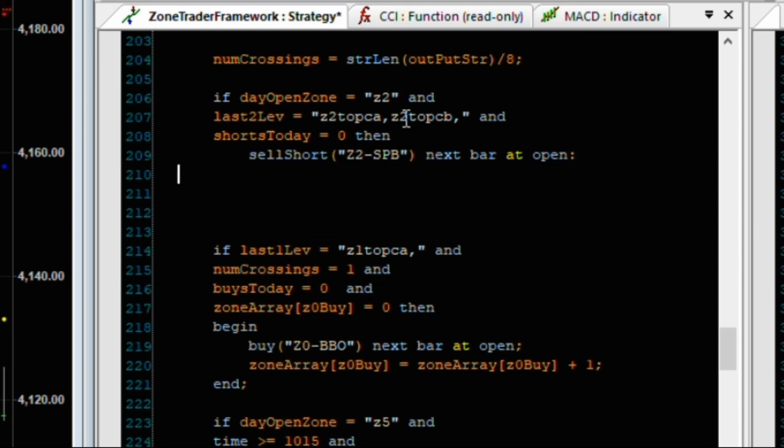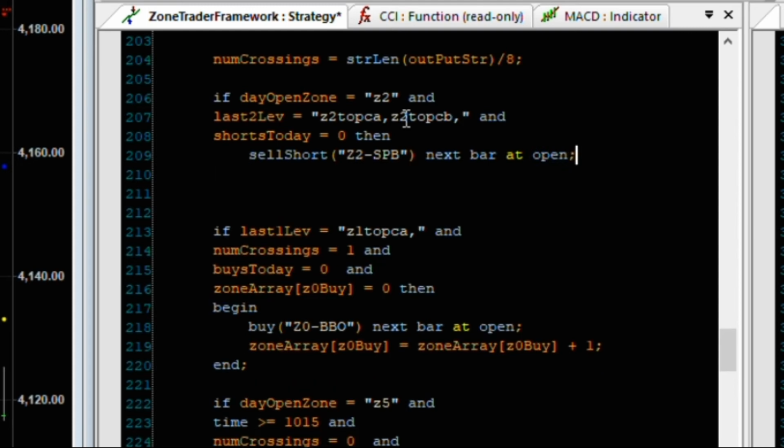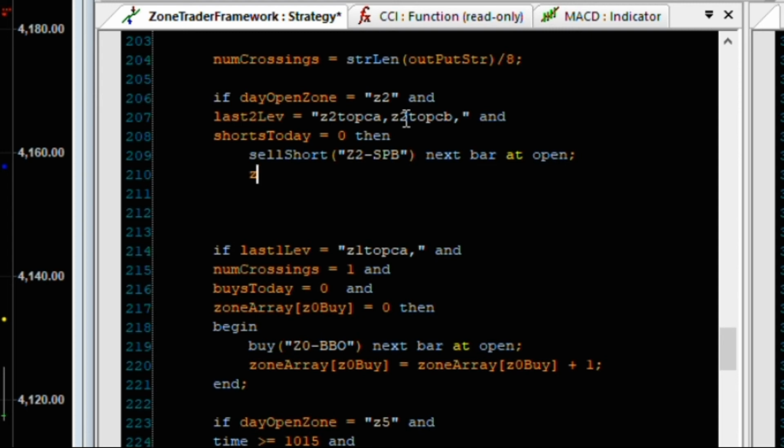And we know that's happened. We know we're going to sell because it's a market order, so it's automatic. So then I've got this zone array, and I'm going to tell it: okay, zone 2 short, that means I've gone short in zone 2, is equal to zone array plus 1. And this is just an accumulator.